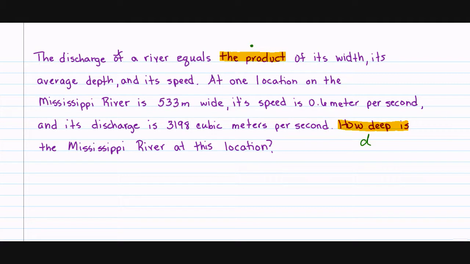And now I need what comes after. Anytime you see the product, it's going to tell you what I'm going to multiply. I'm going to multiply its width, depth, and speed. So let's use the variables width, depth, and speed. Okay, now let's go through and find the information we need.